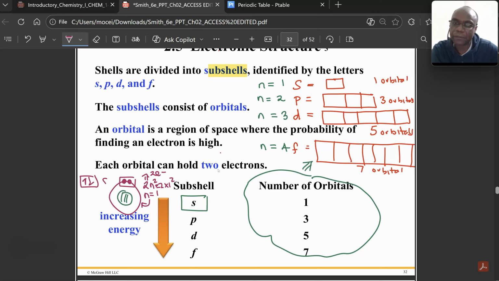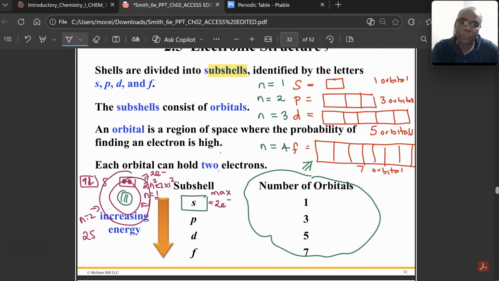Electrons are represented by fishhook arrows facing opposite directions because electrons are equally charged, so we put them opposite, like you put two magnets north, south, south, north. The first time you'll see the S will be in n equals 1, but you still see the S in n equals 2, only that you're going to call it 2s. The S subshell will carry a maximum of 2 electrons.